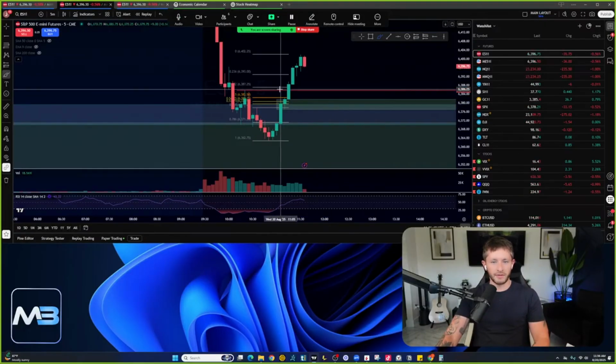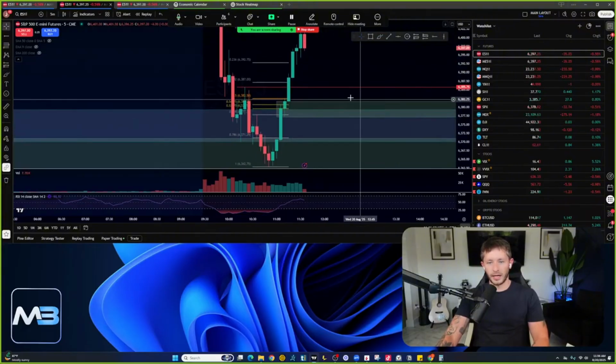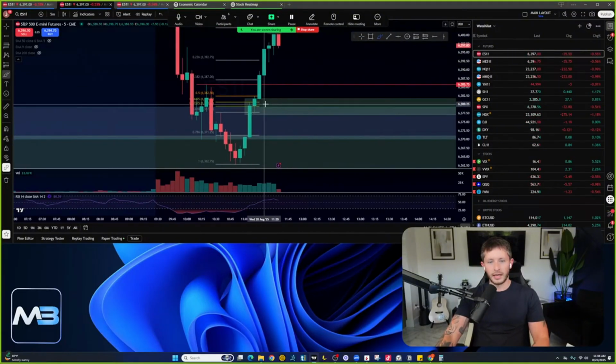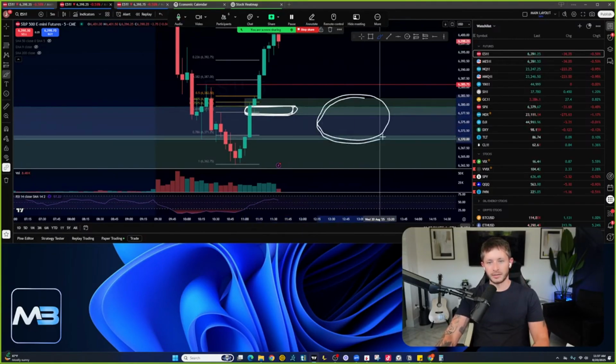So the assessment of entries is pretty simple once you've done your analysis. Where do all of my confluences line up, intersect, and meet at the same price? We're looking right here: support, demand, golden pocket retracement. So now we know that in this entire region where a trade could set up, the best entry is going to be in this tight little sliver.